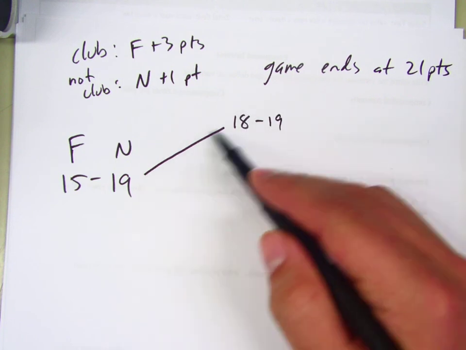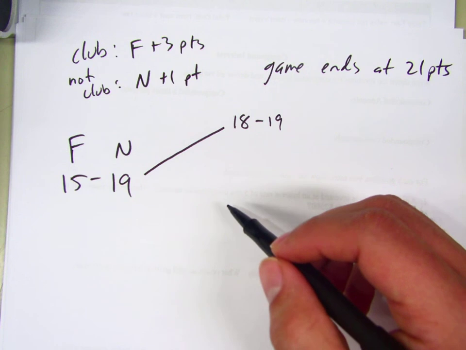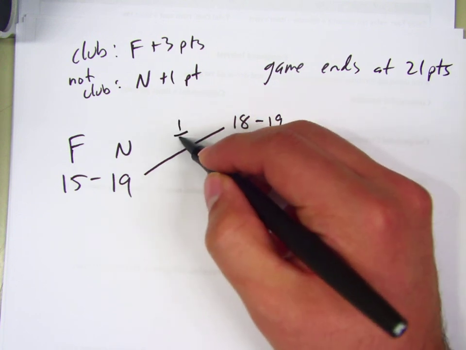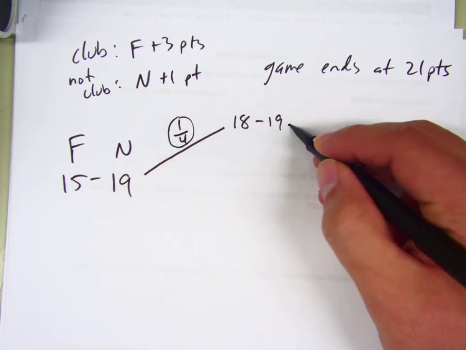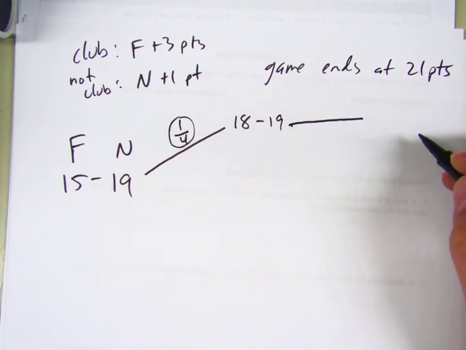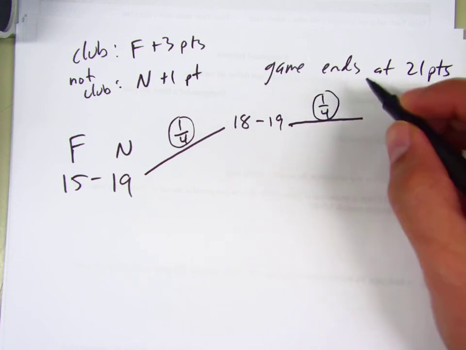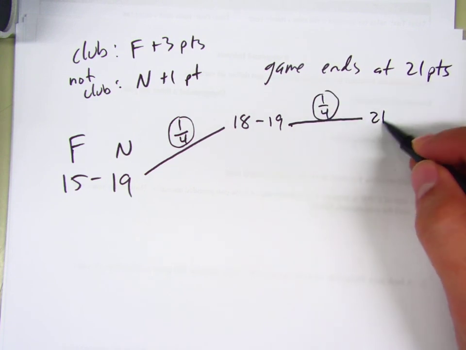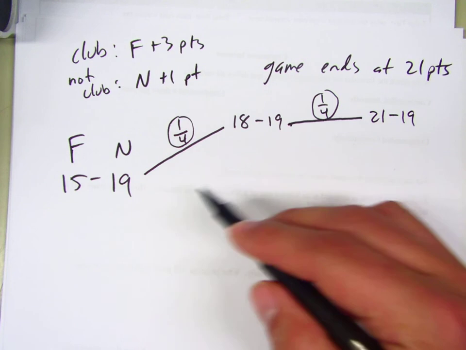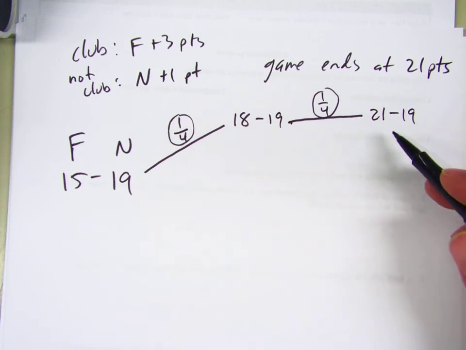And now what's the probability of drawing a club? 1/4. Okay? Next, if I draw a club again with a 1/4 probability, what's the final score? 21 to 19. So that's one path to victory.